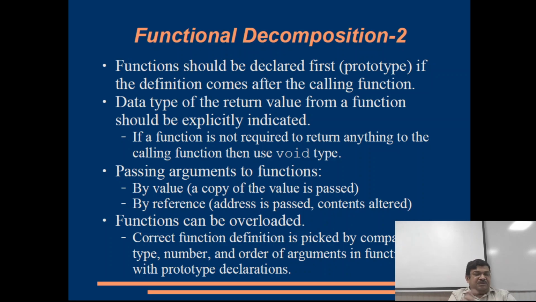Instead of the content of the identifier, we can just pass the address of that location, and then that content in that location can be accessed, and it can be overwritten as well. If the arguments are passed as values, then of course those contents cannot be changed, right?